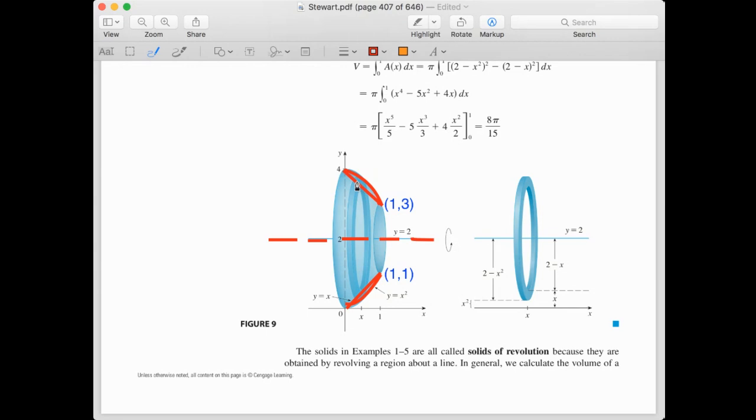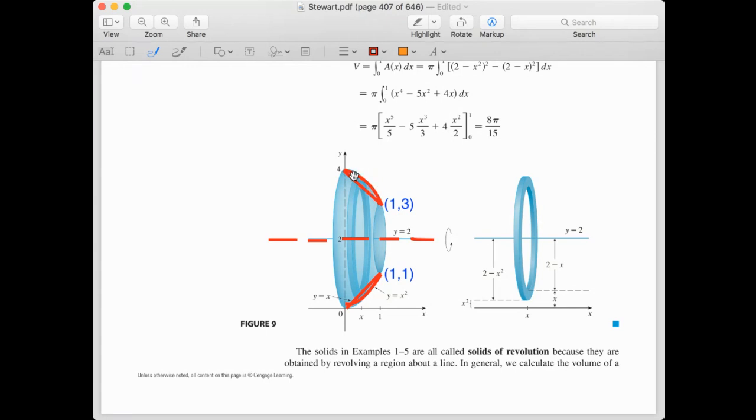After rotating, we get this piece, a 3D object. Now we want to find the volume of this solid.